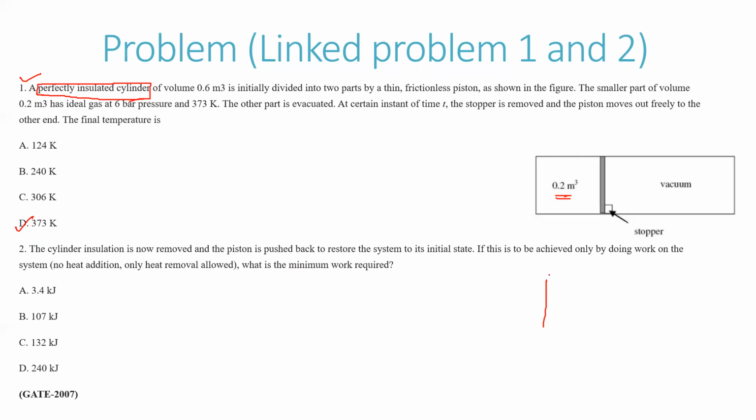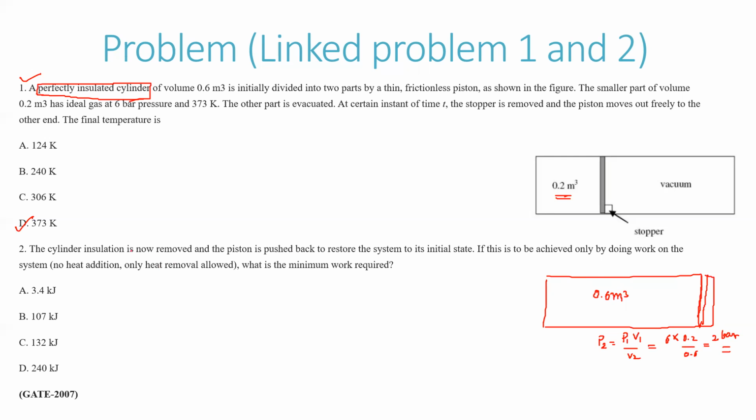The final state is such that the piston is somewhere here and it occupies a volume of 0.6 meter cube. Since the temperature is constant, the final pressure is going to be P1 V1 by V2, that is 6 into 0.2 by 0.6, which is equal to 2 bar. So this is going to be the final pressure.